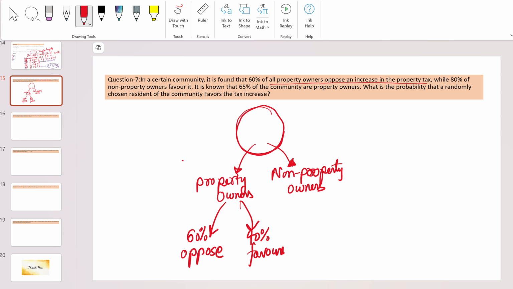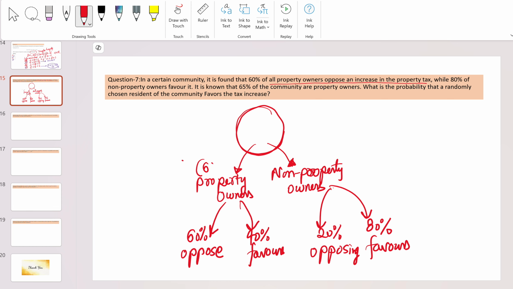While 80% of non-property owners, it means that 80% of non-property owners favor. Suppose it is favoring, and here 20% is opposing. Okay, so it is known that 60% of the community are property owners. Okay, so this is 60% property owners, and non-property owners are actually 35%. So what is it saying?